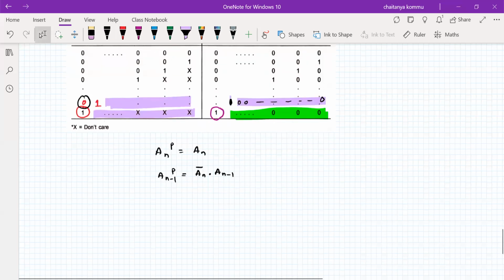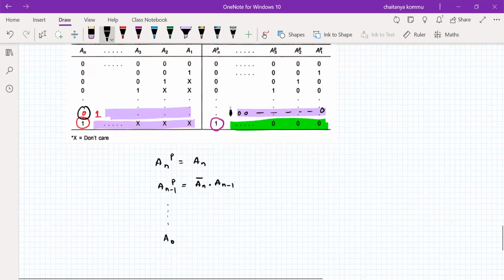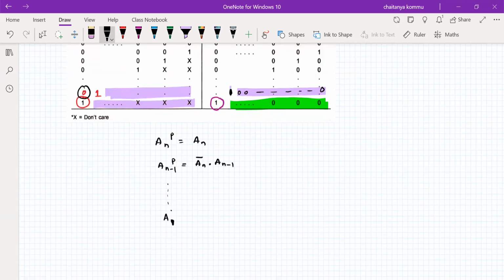So like this, we have to generate A0 and A1. For A1 of P, I have to start from A0 bar, AN minus 1 bar, and so on up to A2 bar, A1, something like this.